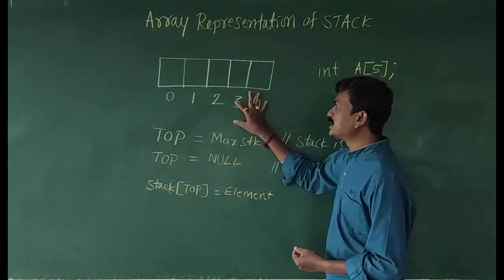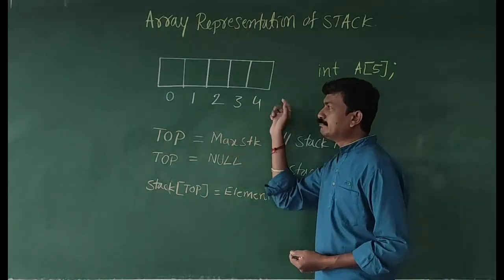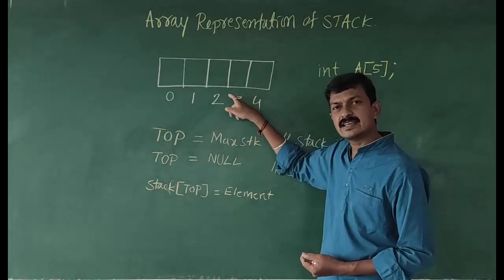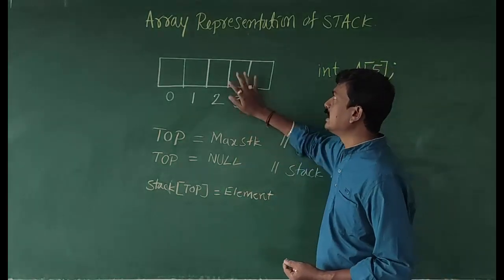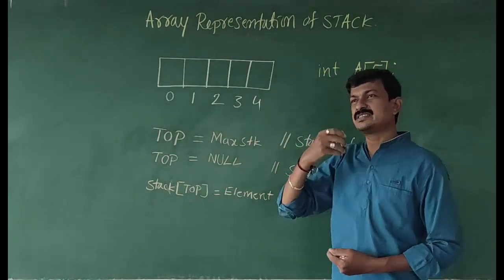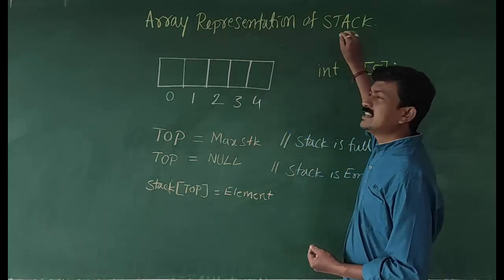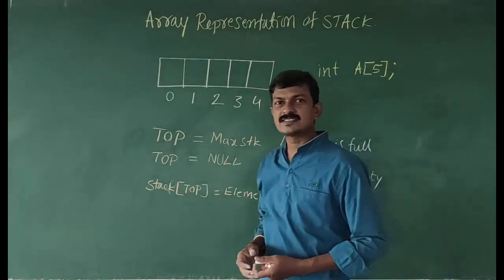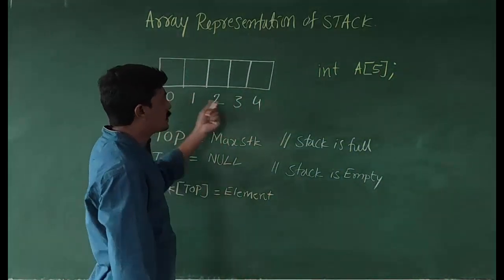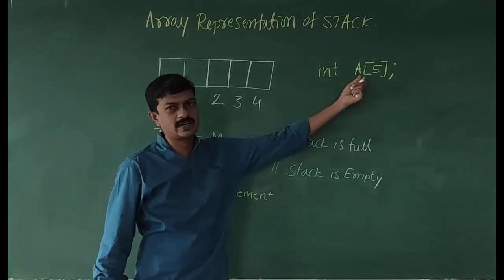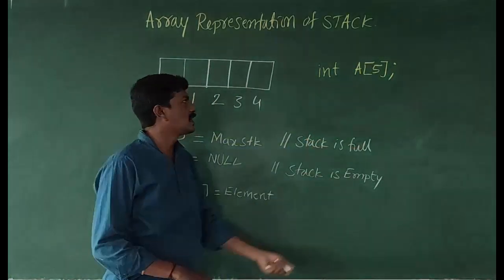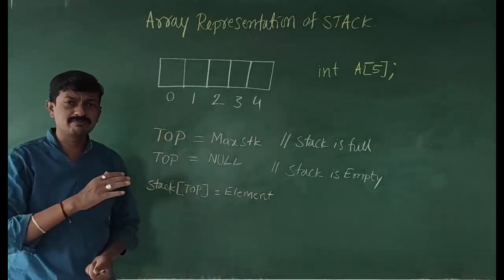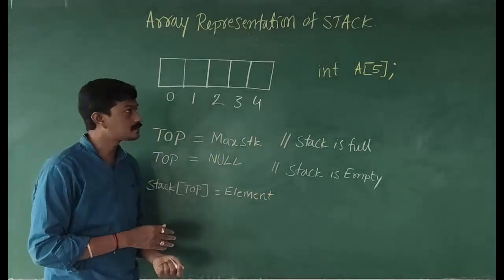But we are using an array and implementing this array as a stack data structure. How we are representing an array as a stack data structure, we are going to discuss in this class. Now I declared an array, integer a of 5, which means it is able to store 5 integer elements, 5 consecutive memory locations.